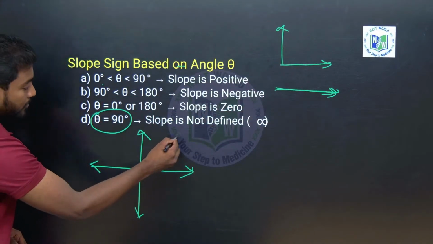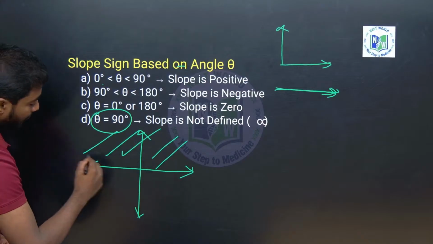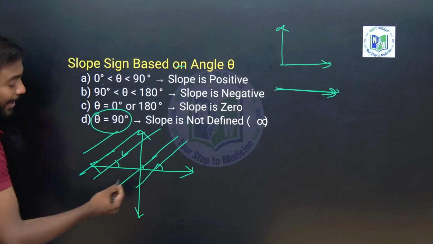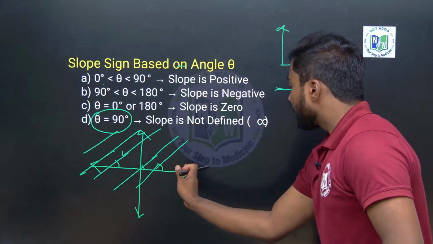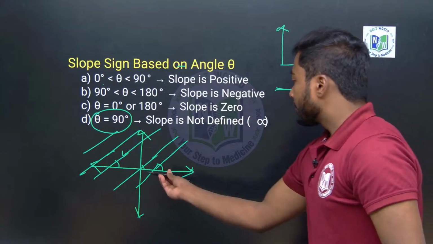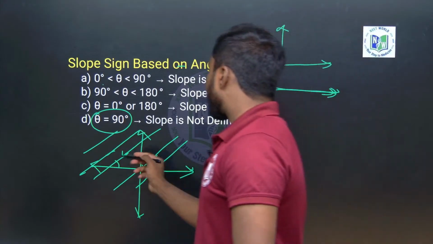So when I take the angle, this angle is between 0 to 90 degree. This is 0. If I take like this, it will be 90. So this is a positive slope.